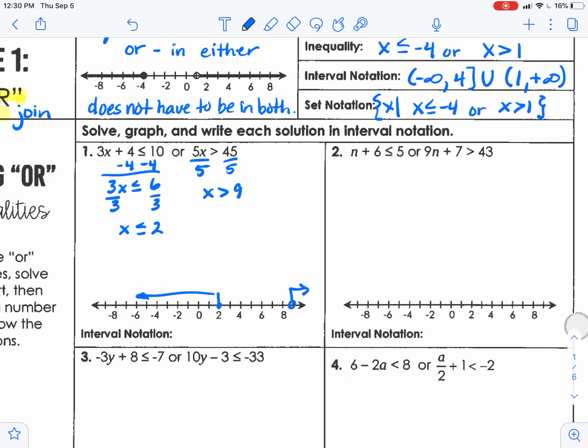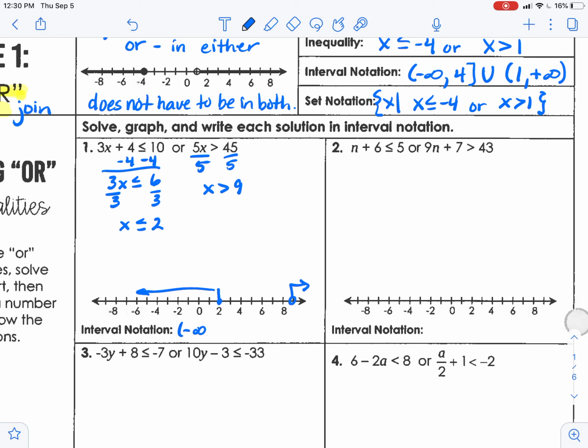So if I write this in interval notation, it would go from negative infinity to 2, bracket because it's included, union with parenthesis 9 to positive infinity.